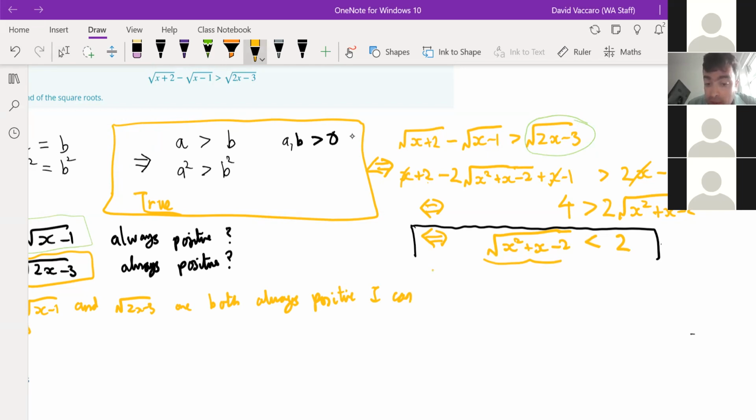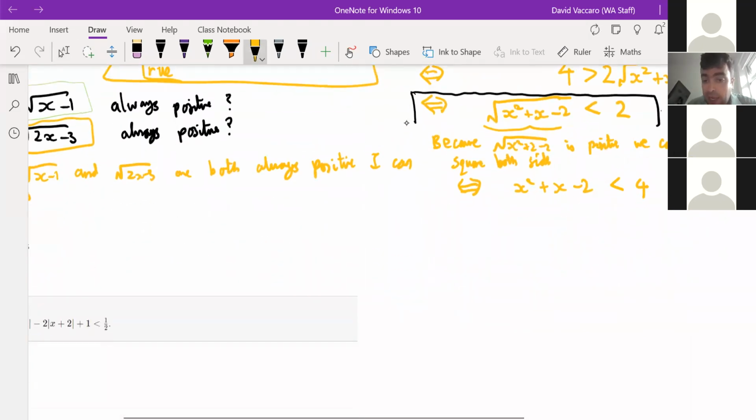So again, let's write it so the examiner can see. So because the square root term minus 2 is positive, we can square both sides. So we get x squared plus x minus 2 is less than 4. And again, it's an implied and implied by. And now we get x squared plus x minus 6 is less than 0.